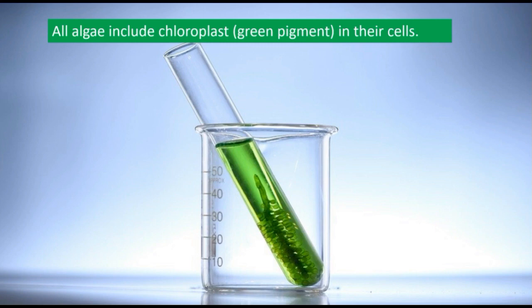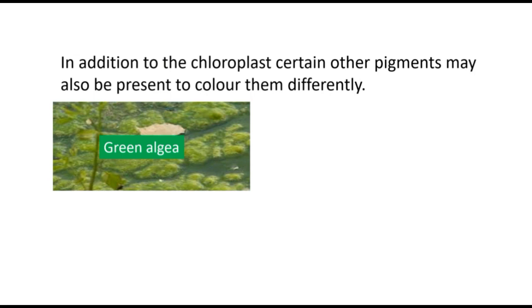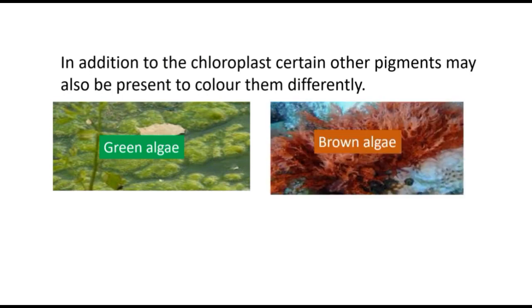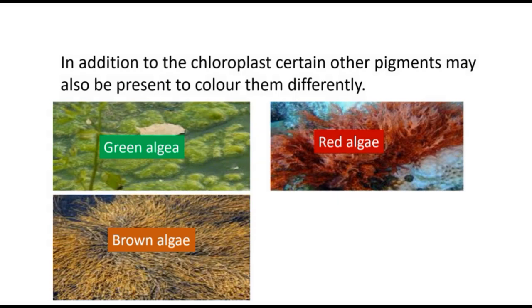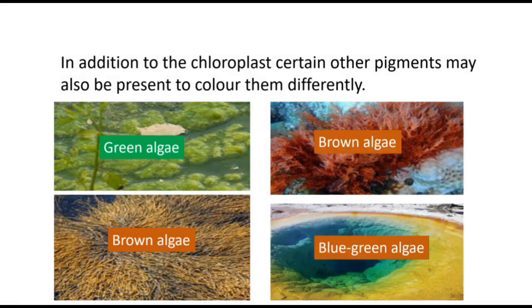So depending on the pigments present in the algae, there are 4 types of algae. The first one is, if the green color pigments are present, it appears green, and that is called green algae. But there are brown algae too, because the pigment is brown, right? And then there are red algae also, and we have blue-green algae.